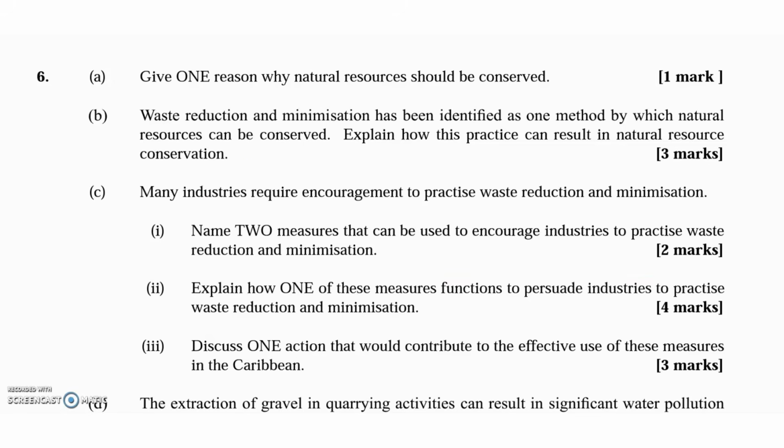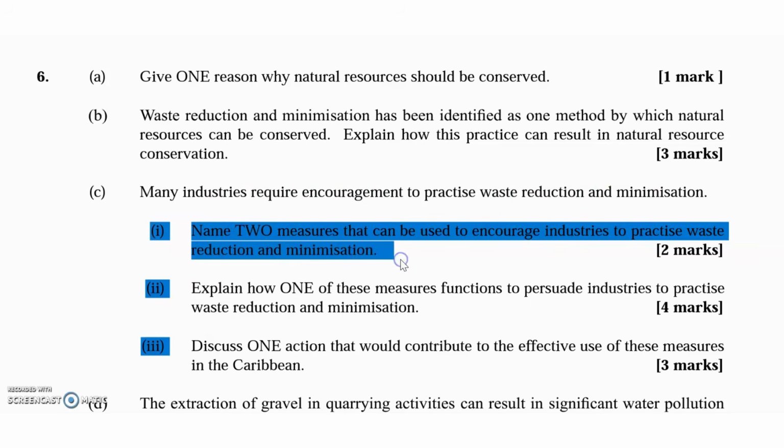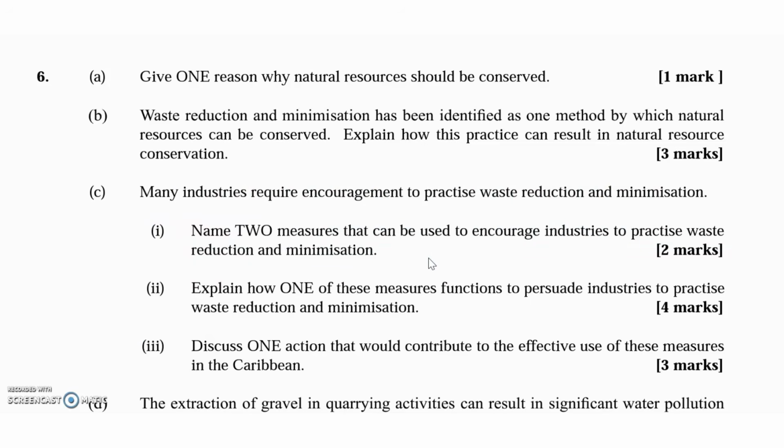Now, part C. Many industries require encouragement to practice waste reduction and minimization. See part 1. Name 2 measures that can be used to encourage industries to practice waste reduction and minimization. All right. Now, in terms of the 2 measures, first and foremost, in many instances, the governments can actually facilitate or perhaps offer what we call tax break incentives.